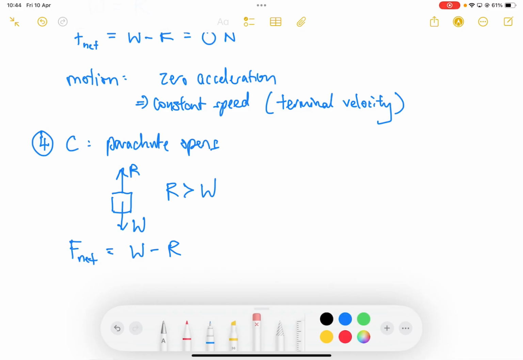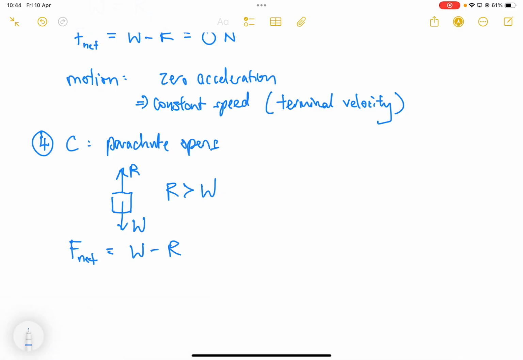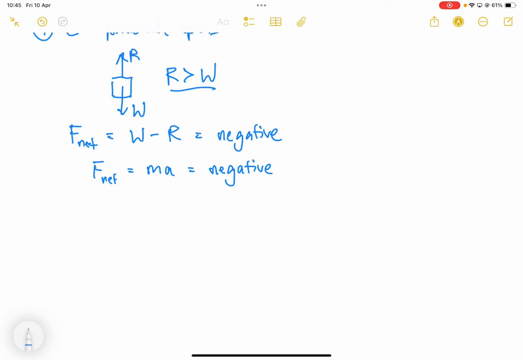Since the resistance is larger than the weight, the resultant force is negative, and since it's negative, F net equal to ma will be negative. So the acceleration will be negative. So the motion of the object is going to be negative acceleration, or deceleration.